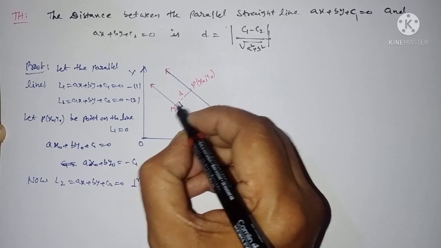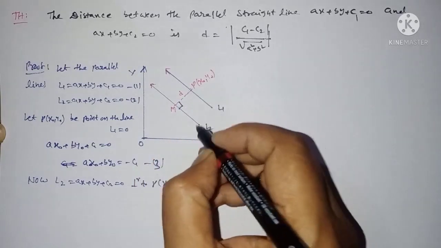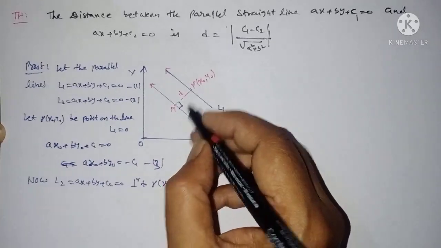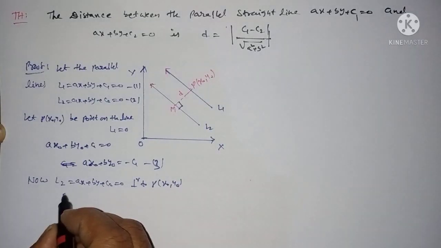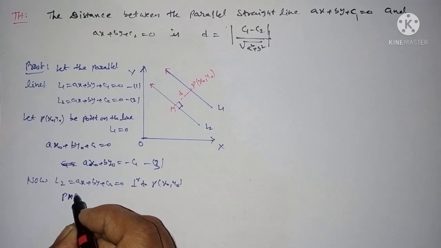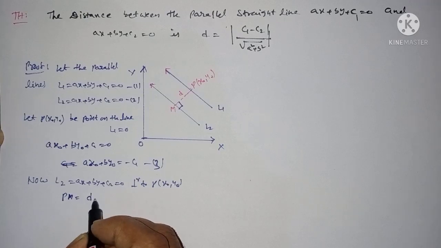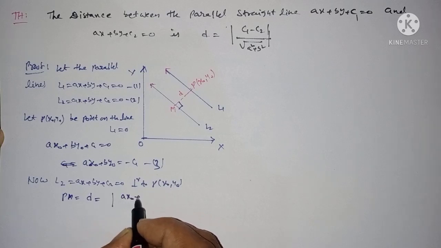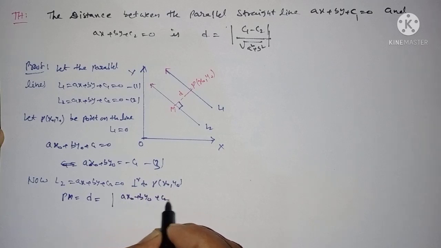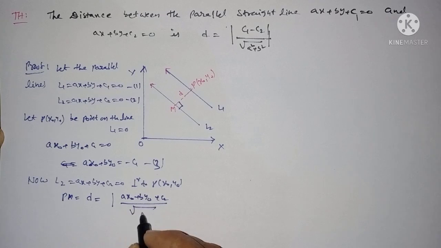This is 90 degrees. Therefore, taking the perpendicular distance from P, PM or D is equal to, you can substitute, ax0 plus by0 plus c2 by the square root of a square plus b square.